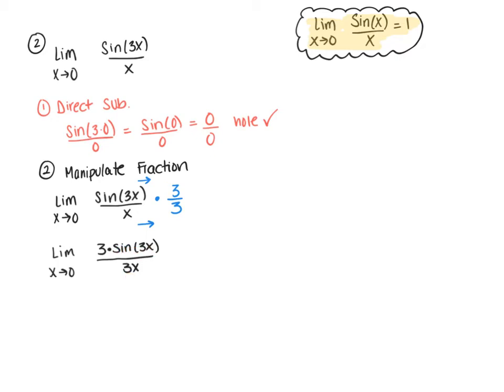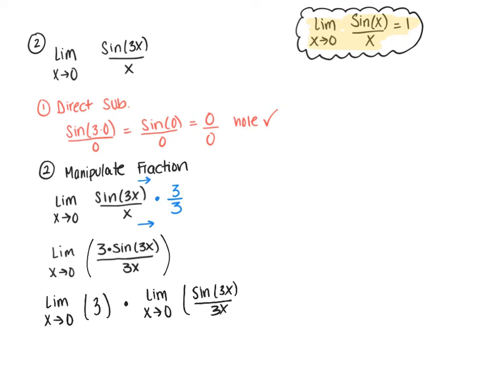So this is what I like to call a limit rule. It basically says you can take the limit of this product in 2 separate pieces. So we could actually break this up as the limit as x approaches 0 of 3 times the limit as x approaches 0 of sine 3x over 3x.